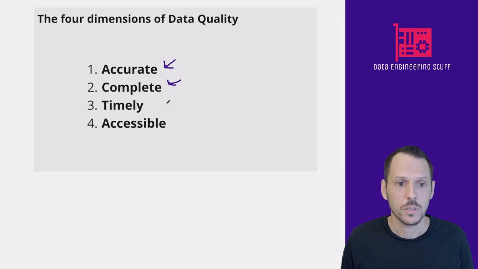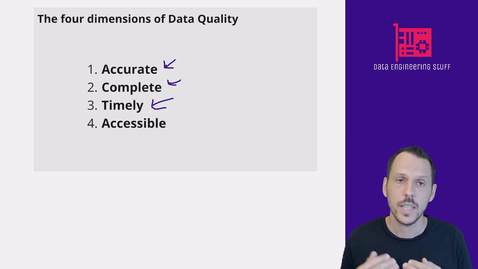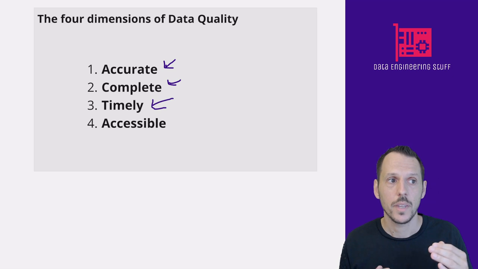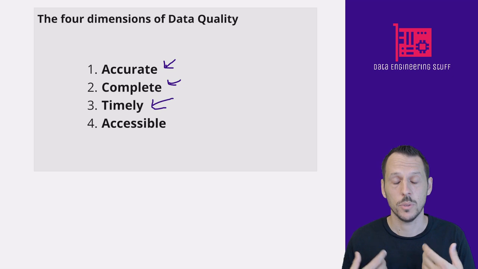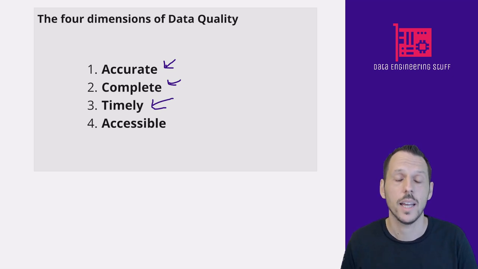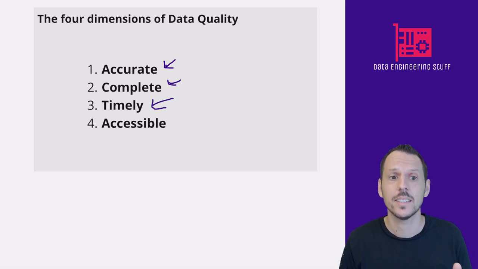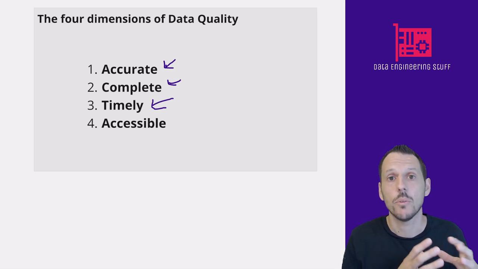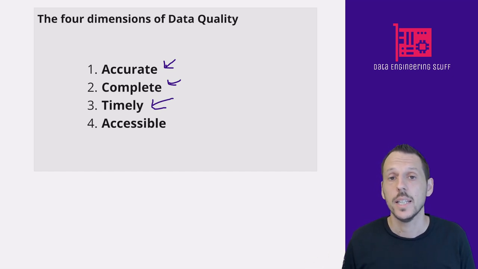Timely, right, this was complete. Timely is the third one, and timely is about how near your data is collected in relation to the real event happening. So for example, data that would be really timely is, if we take again the example of a production line, if you get, with I would say milliseconds of delay, the data that a special product passed through a special step in the production line.